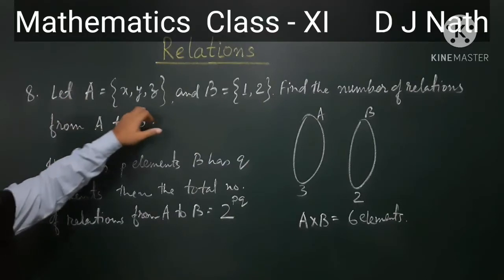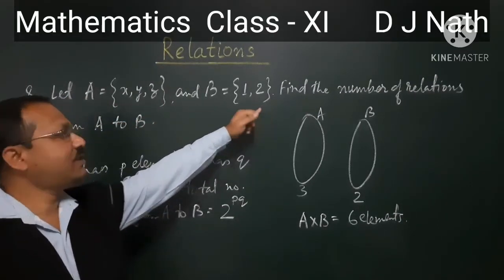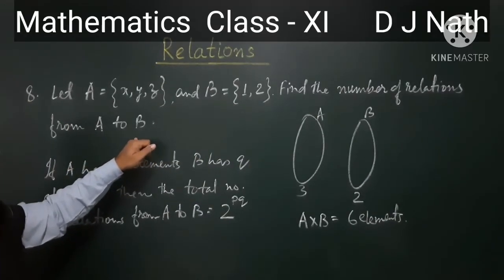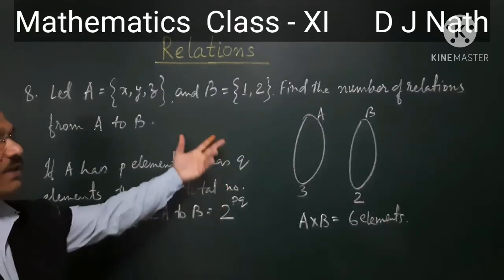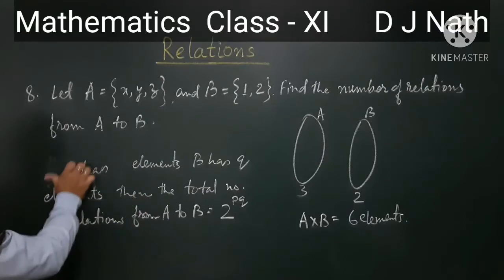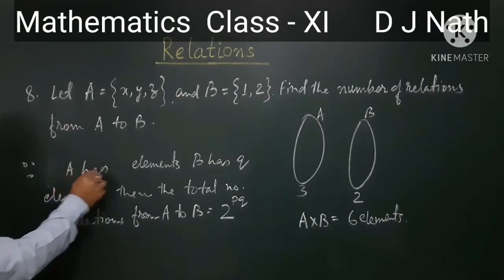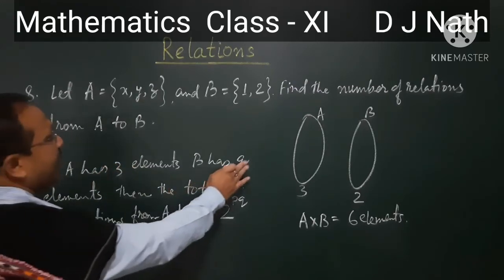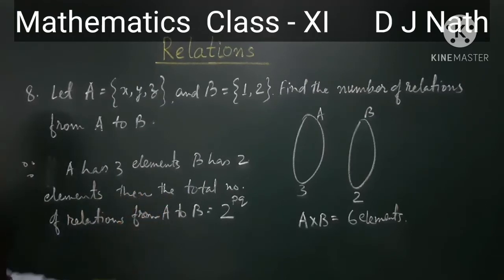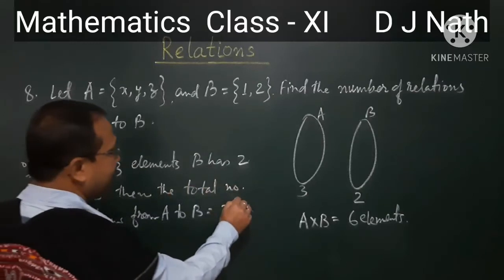So in this question, A has 3 elements and B has 2 elements. Therefore, the total number of relations from A to B will be 2 to the power 3 into 2, which means 2 to the power 6.